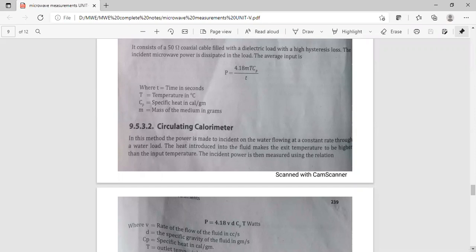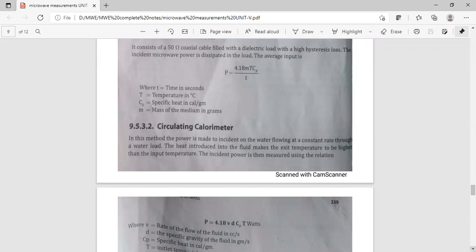Here also it involves the conversion of microwave energy into heat, absorbed by some liquid or dielectric material. When the liquid or dielectric absorbs the heat, its temperature rises, and based on its temperature we calculate the power. There is a technique where a fluid is running, and I'll show you how to measure that.